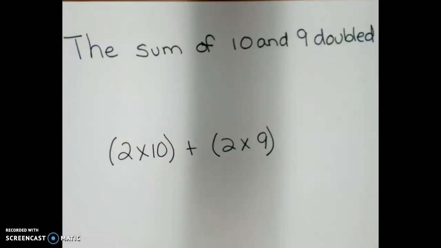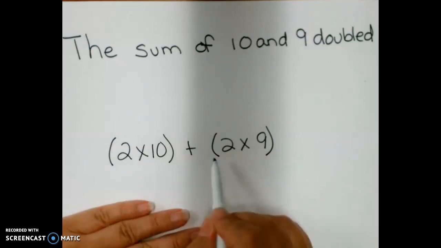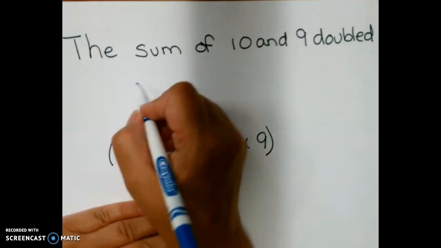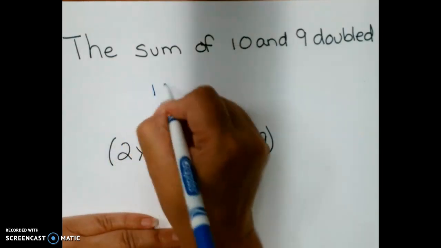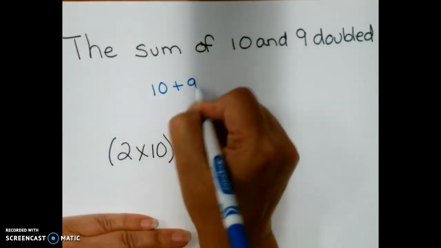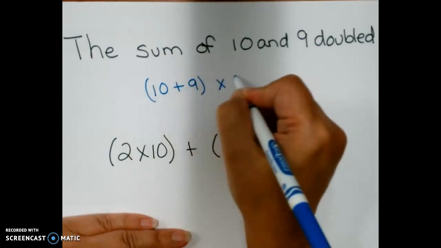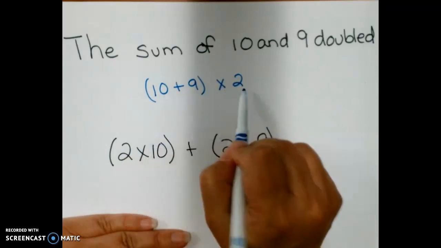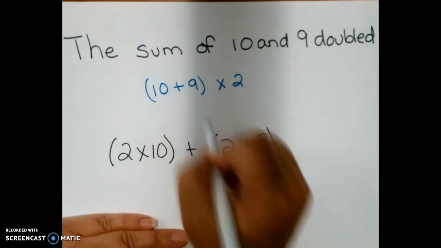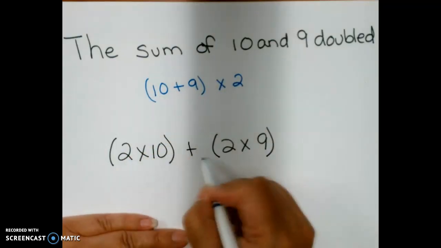Okay, next up we have the sum of 10 and 9 doubled. So I can do 2 times 10 plus 2 times 9. I can do the sum of 10 and 9, 10 plus 9 times 2. 10 plus 9 times 2 compared to 2 times 10 plus 2 times 9.